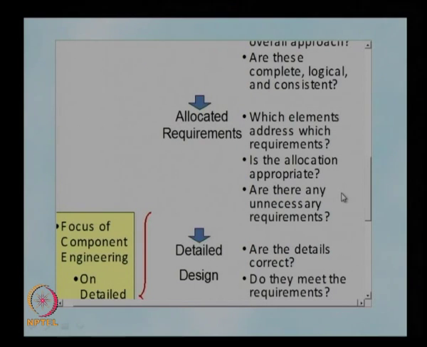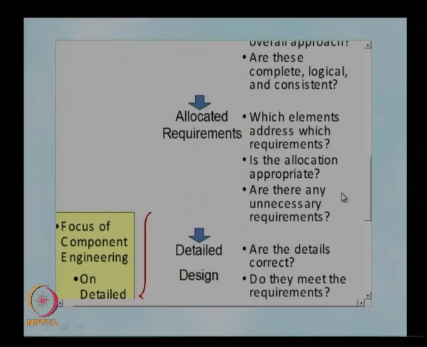Then we see whether the allocation is appropriate, or whether we have done an over-allocation or an under-allocation. This will be analyzed, along with whether there are any unnecessary requirements. We have to go through these requirements and see whether all are genuine and there are no unnecessary requirements which warrant the addition of additional elements into the system.